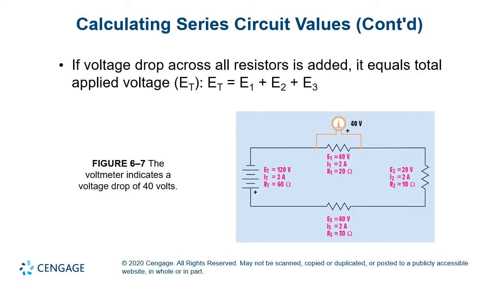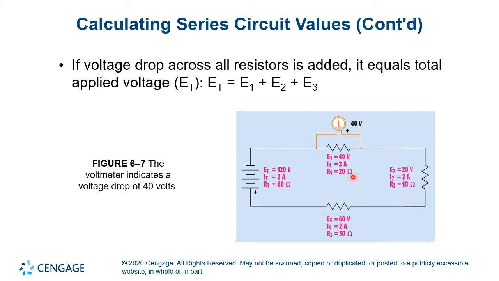So let's go through and do a quick example. In this case, we want to find the voltage drop across all the resistors. It turns out that we can find that by just adding them up. So if the voltage drop is 40 volts across this first resistor, 20 volts across the second resistor, and 60 volts across this third resistor, remember, you can show clearly that the resistance is going to be proportional to the voltage drop.